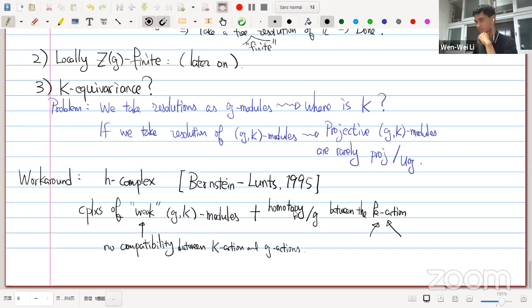The first one is from the capital K action, taking derivatives, and the second one is from the G action. So the moral is you consider complexes of weak GK modules, so there's no compatibility, but you impose a compatibility up to a specified homotopy. And that's the basic idea.